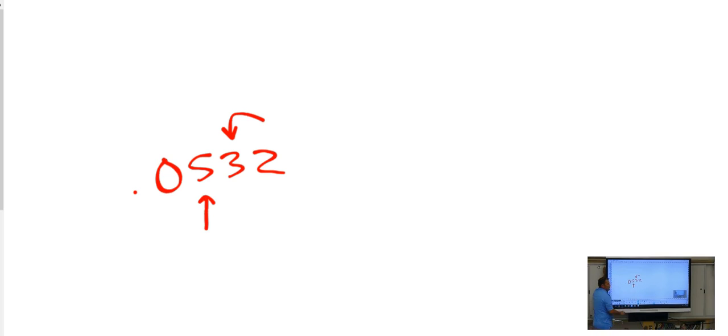Okay, that sounds great. 0.0532. Well, I'll take it. That's good enough. Well, this means that I know it to here. The other scale would only measure to there. So its accuracy was 10 to the second, or 100 times less accurate.